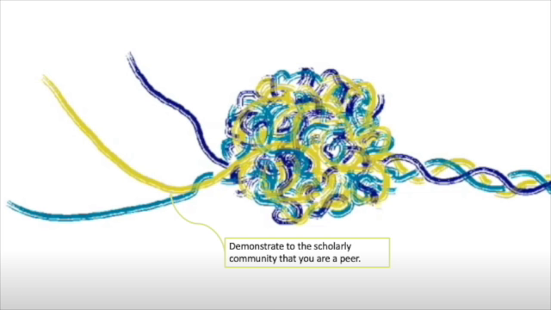Now, the second strand, or the opportunity to demonstrate to the scholarly community that you are a peer, is a bit more implicit. It's to prove to the discipline that you have fully taken into account all the aspects of your research design and have designed a study that you can conduct with fidelity, so that you produce results that are valid, reliable, and actually appropriate for answering your research questions.